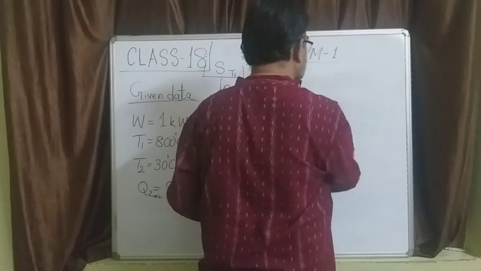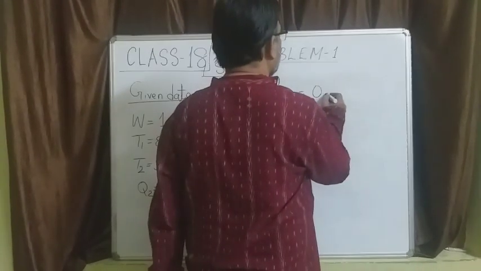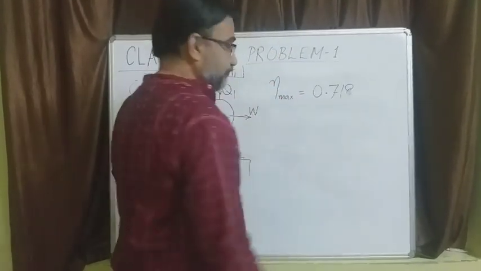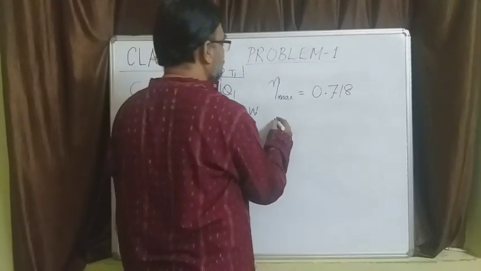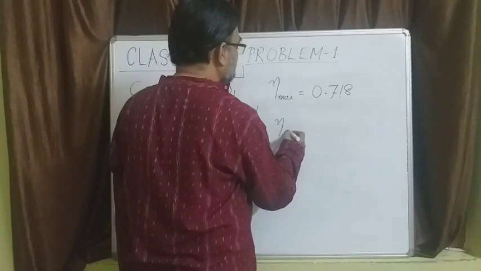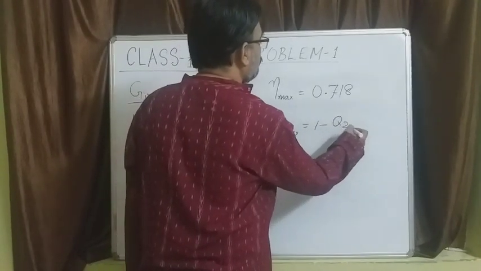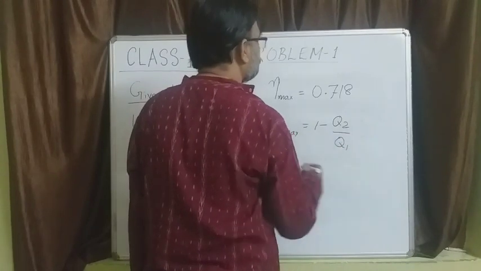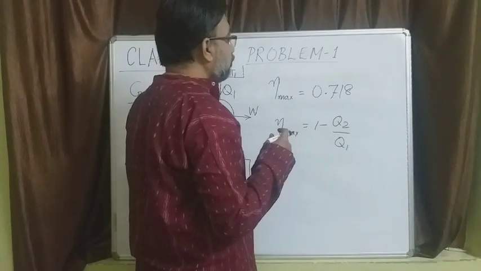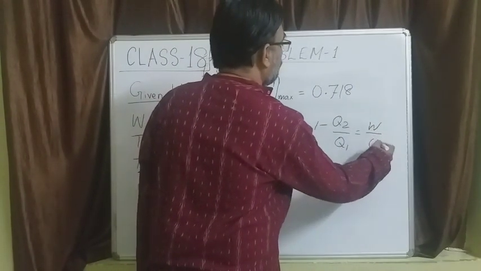So eta maximum is 71.8% or 0.718. Okay. And what is this? This is nothing but eta max, which is also equal to 1 minus Q2 by Q1, or W by Q1.